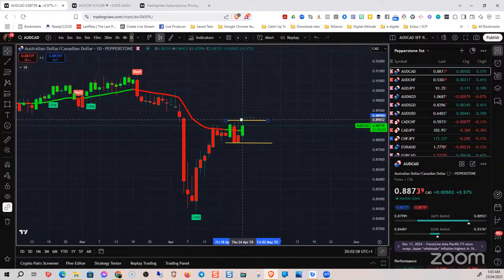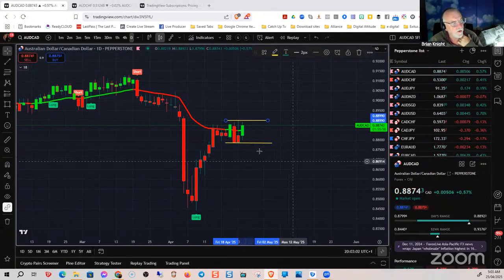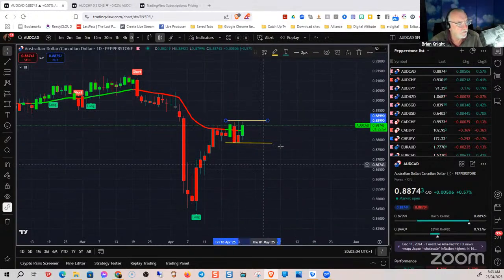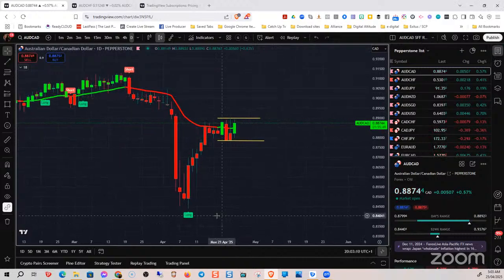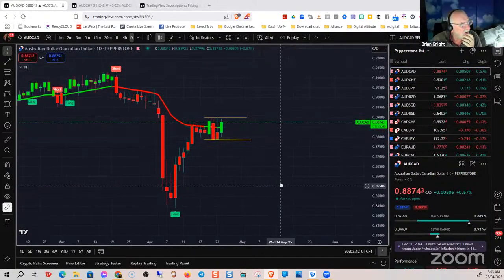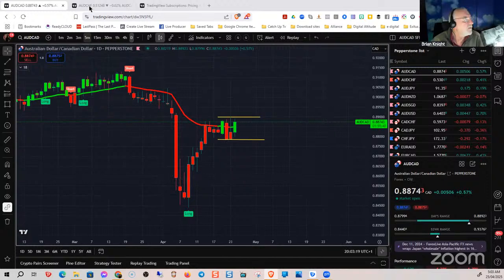For me, it would have to break that wick back up there, and break with an engulfing candle, something with the body of the candle past either one of these. So it's not happening at the moment. And I doubt that Tom would be in this while it's doing this either. You'd have yellow bricks.